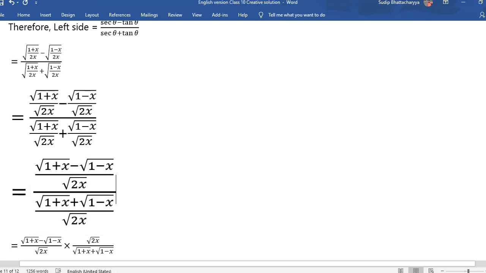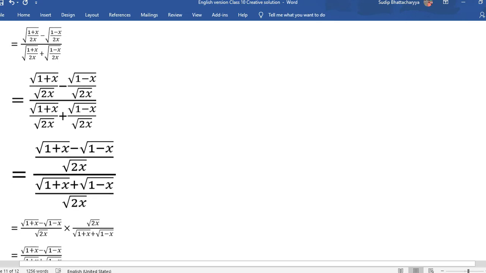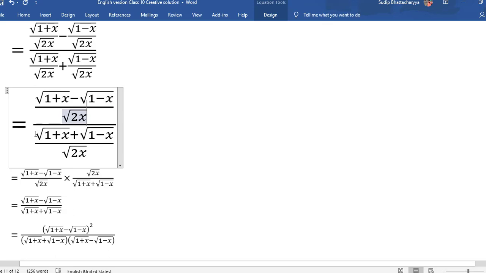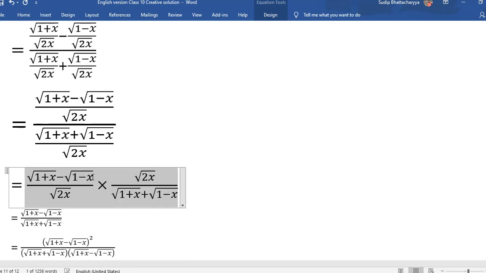And from this you can write, as this is a division, with this the numerator and this the denominator, if you take the denominator as multiplication, it will be reversed, and therefore root over twice x will go as numerator, and root over 1 plus x plus root over 1 minus x will be the denominator.